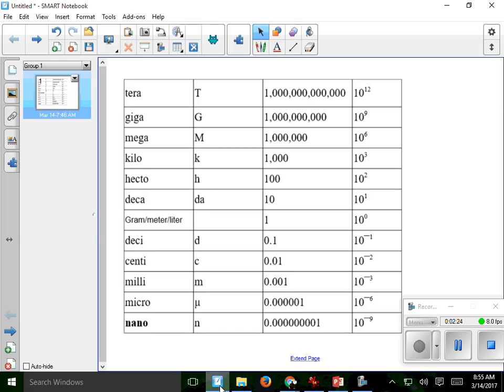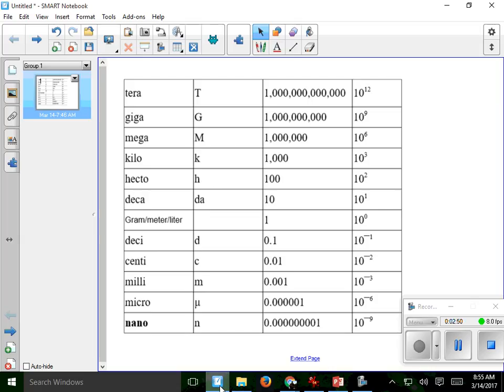We have a centigram or a milligram. Oftentimes, medicine is distributed in milligrams. So these are all the prefixes, meaning the words that go in front of it. Gigagram, megagram. These get bigger as you go up.